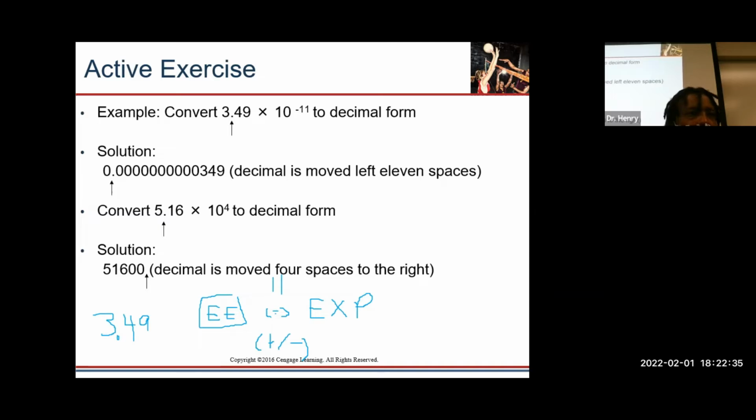Did everybody do that? Okay, so if you do that on your iPhone or on your calculator, if your calculator is set up for decimal mode, it'll change it to a decimal, right? If your calculator is set up for scientific mode, it will leave it in scientific notation.